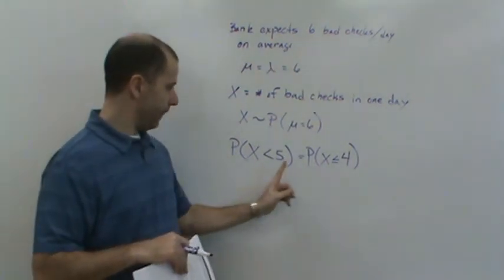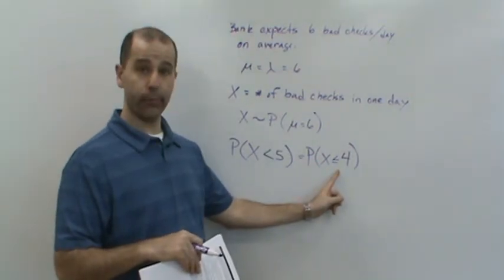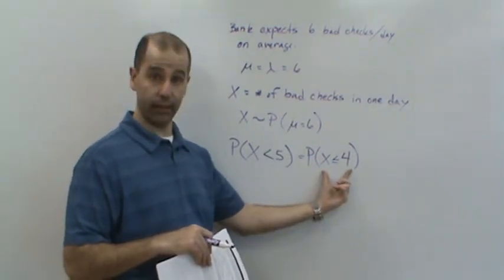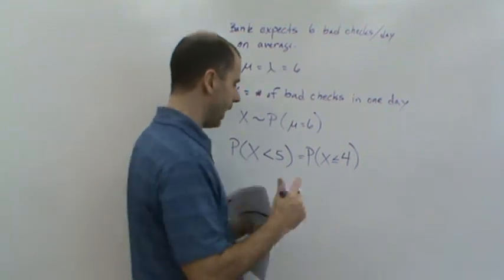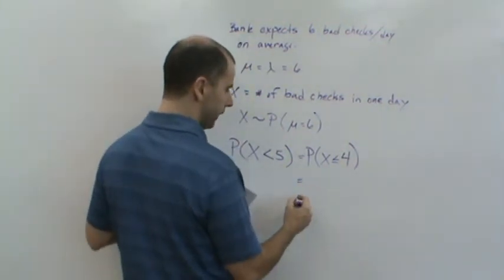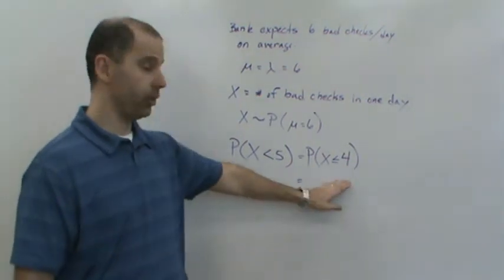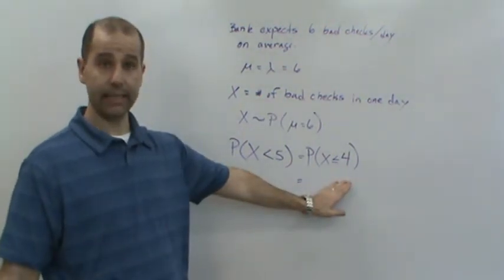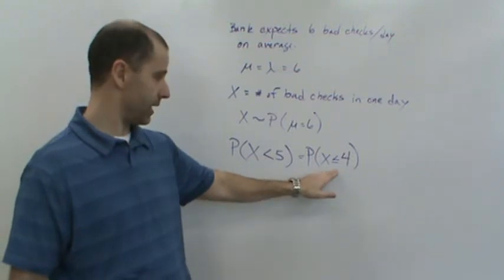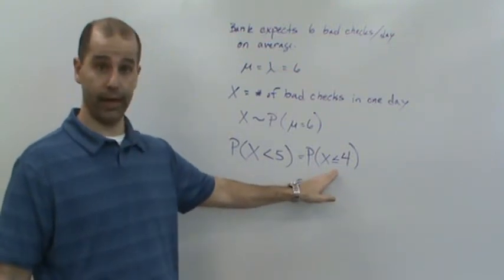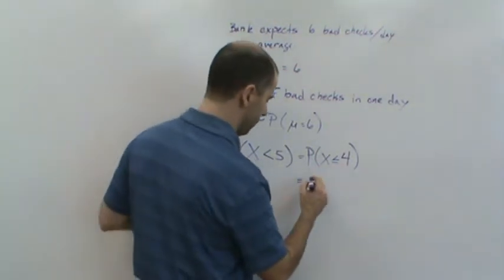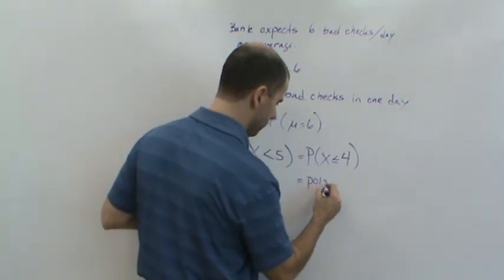So now it's in the form I need it to be in, so I can use my calculator. What function am I going to use? I'm going to use the Poisson CDF function, because it's less than or equal to. Cumulative, right?